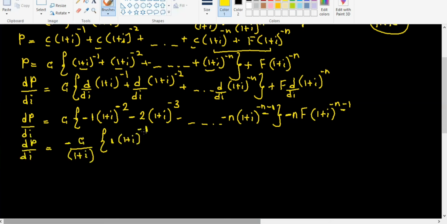Since we multiply this part with this part, we are getting minus 2. So now we are left with only minus 1. Similarly, since this negative factor is taken, now this becomes positive 2 into (1 plus I) to the power not negative 3, it's negative 2.